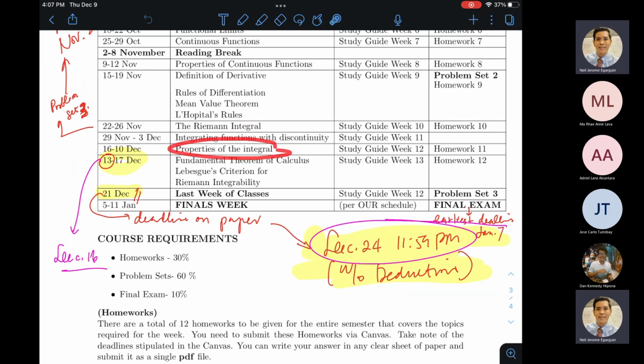And then we'll talk about properties of integral probably next time. And then these are some important results that we'll be looking at. Today we will talk also about criteria or some ways to check whether a function is Riemann integrable or not, okay? So hindi ko lang sure kung maabot natin yung Lebesgue's criterion, but let's see, okay?